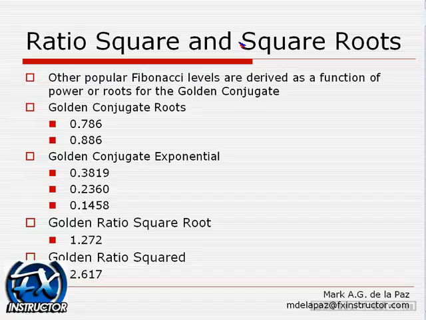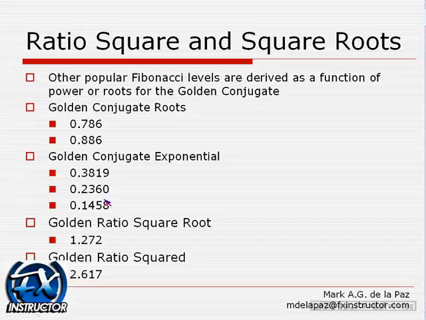Remember the initial ratios of Fibonacci, 0.618 and 1.618, the golden ratio. Now, we play with the golden conjugate. Get a calculator, multiply 0.618 by itself, and you get what number? You get 0.3819. Multiply it by itself again, you get 23.6 or 0.236.